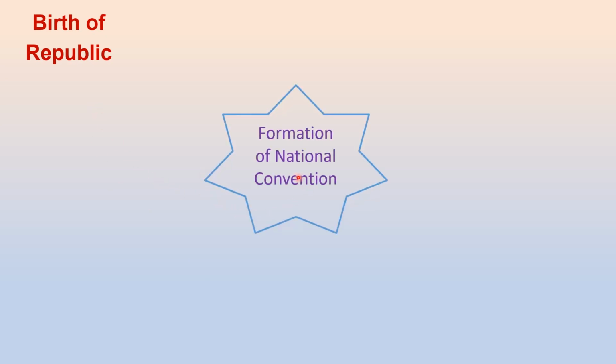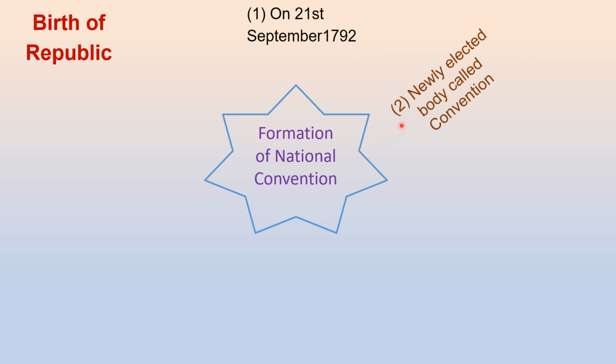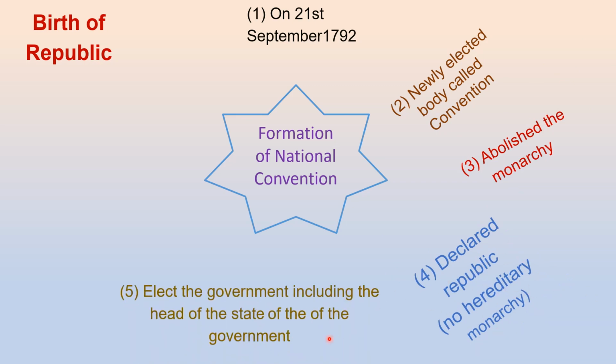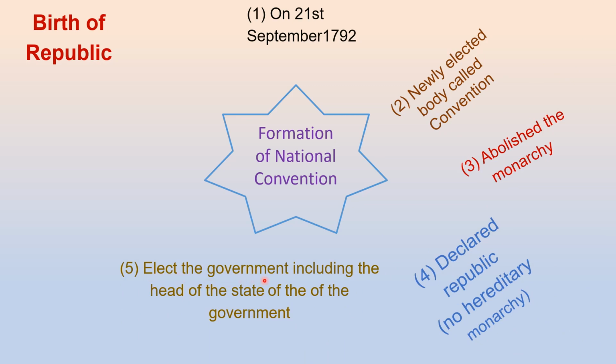Birth of the Republic: formation of the National Convention on 21st September 1792. The newly elected body, called the Convention, abolished the monarchy and declared a republic: no more hereditary monarchy, and the government, including the head of state, is elected.